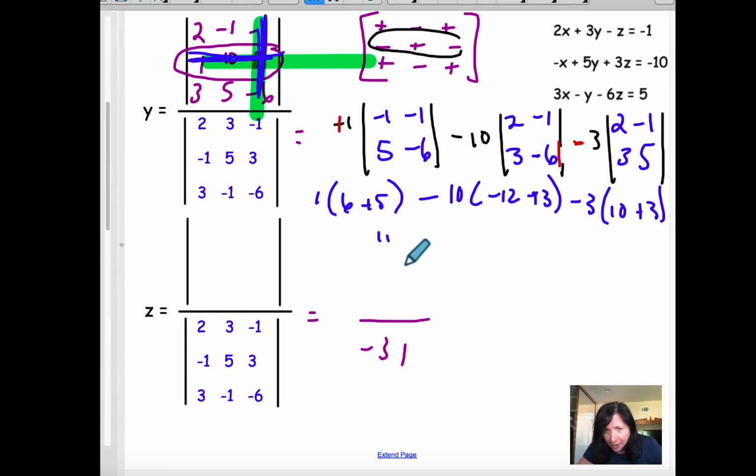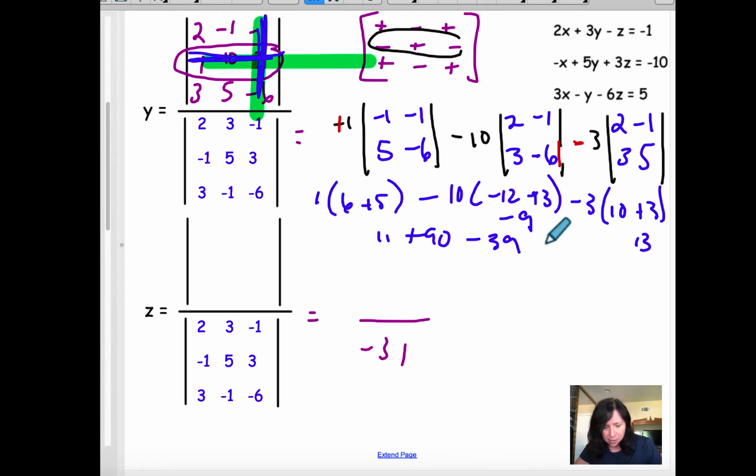So we have 11, okay, negative 12 plus 3 is negative 9, times negative 10 is plus 90, and then 10 plus 3 is 13, right? Yeah, 13, and 13 times 3 is 39, but this is a negative.